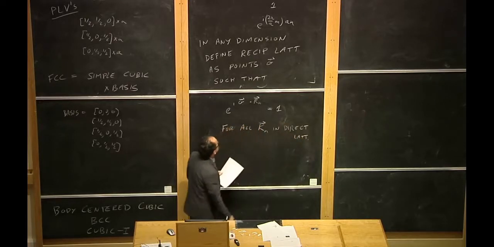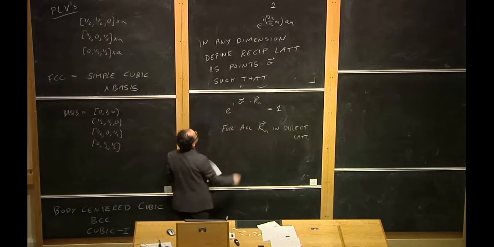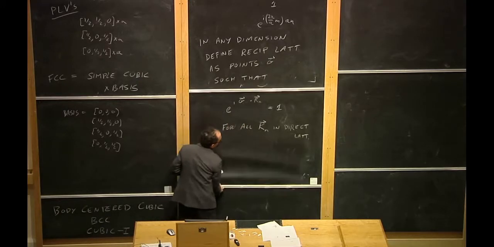So this is our general definition of the reciprocal lattice vectors g in the reciprocal lattice.